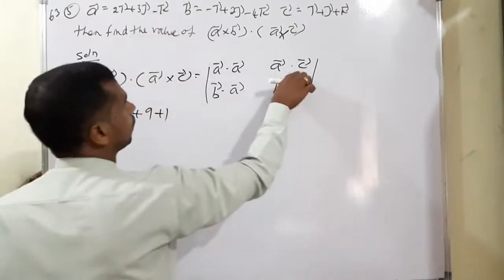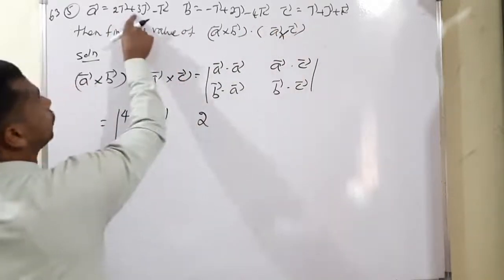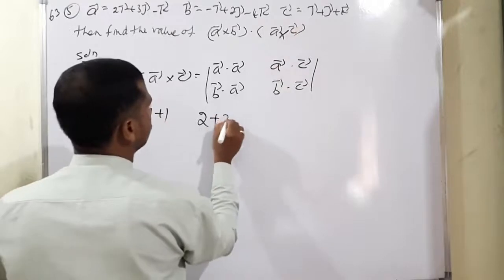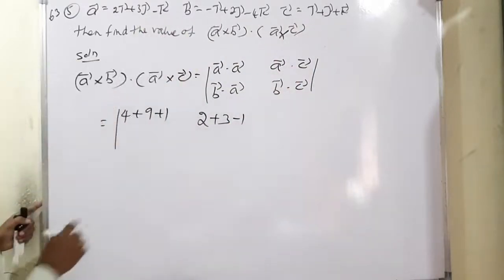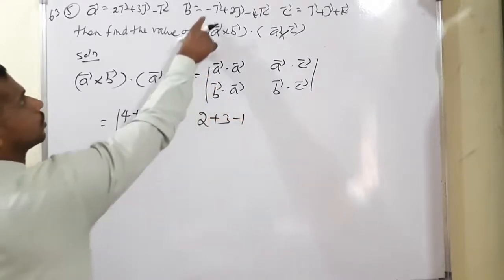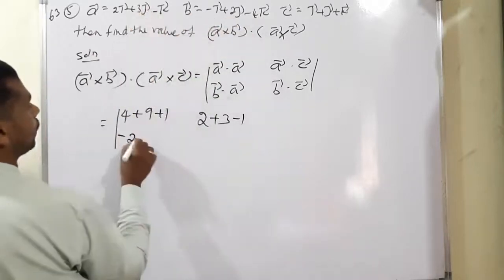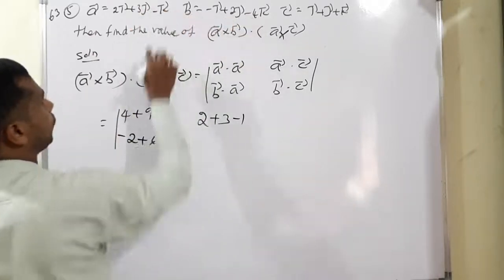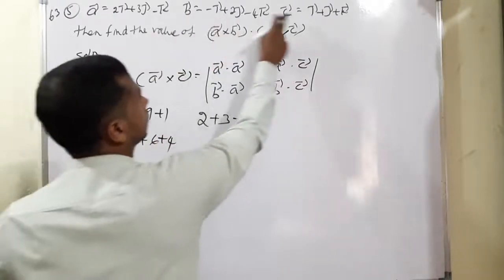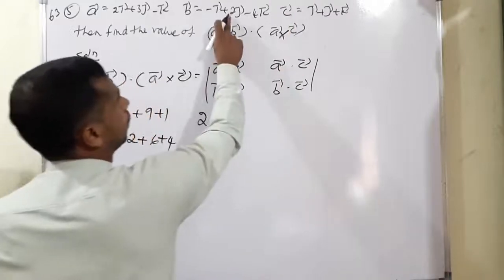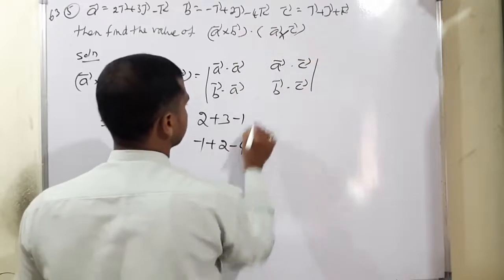Next, A vector dot C vector: 2 into 1 is 2, 3 into 1 is 3, minus 1 into 1 is minus 1. Next, B vector dot A vector: minus 1 into 2 is minus 2, 2 into 3 is 6, minus 4 into minus 1 is positive 4. Again B vector dot C vector: minus 1 into 1 is minus 1, 2 into 1 is 2, minus 4 into 1 is minus 4.